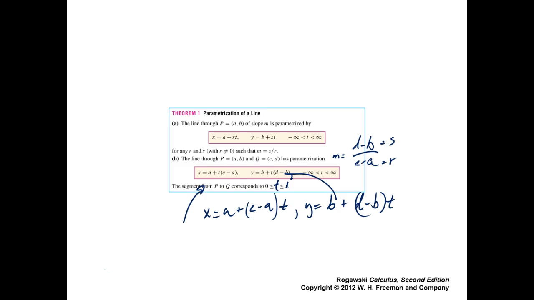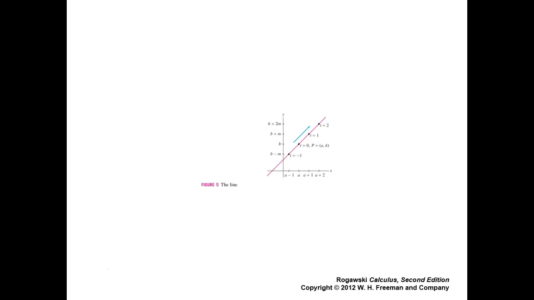Let's see. This is the figure that talks about the proof, I think. So we can have that up there when we're talking about parameter ratio of the line. Find the parametric equations for the line through the point P equal 3, negative 1.